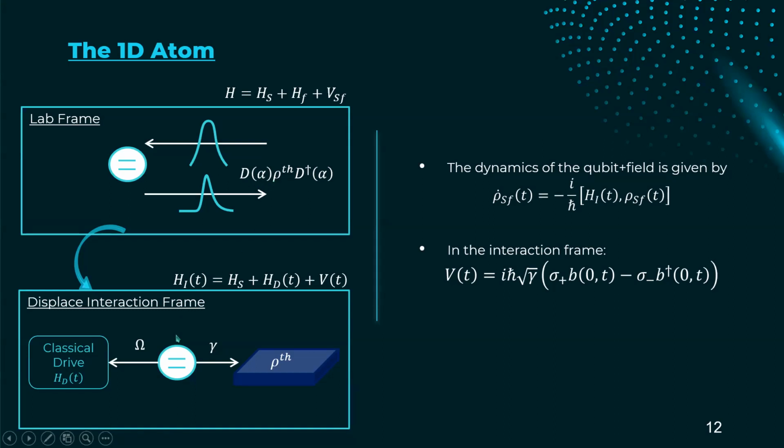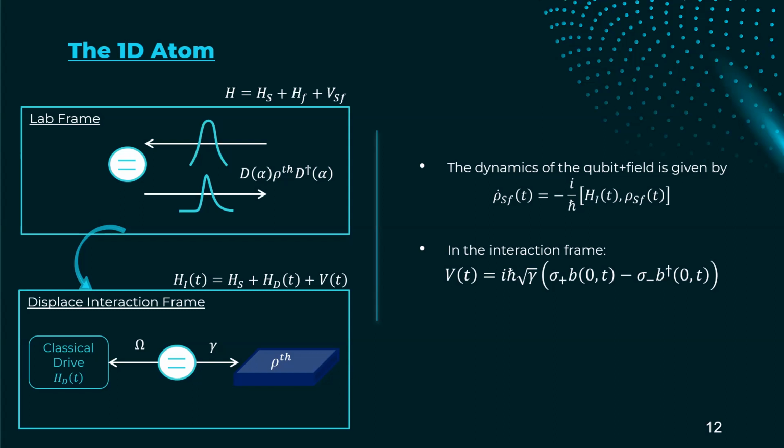So here what happens is, you see the Hamiltonian looks like this now, where you have the bare Hamiltonian of the qubit, you have the same driving Hamiltonian that we saw previously, and we have an interaction with the thermal states of the bath, because in the displaced frame, this displaced thermal state looks like just the thermal states. You remove the displacement from the state and put it into the Hamiltonian.